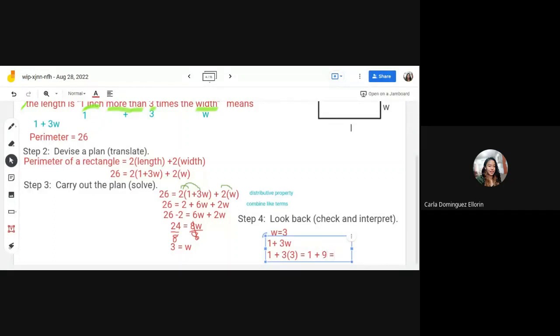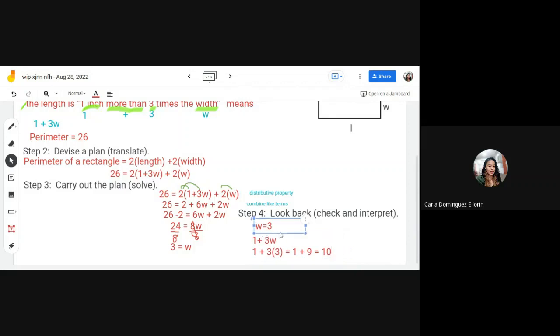So, 1 plus 9 is equal to 10. Therefore, our length L is equal to 10.